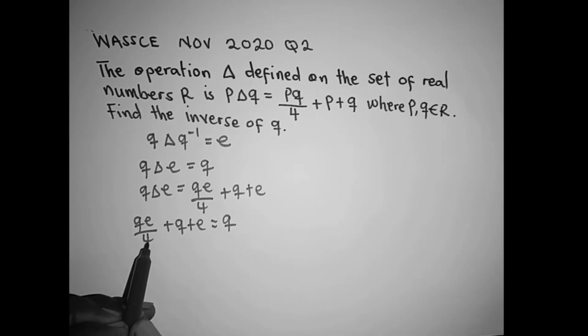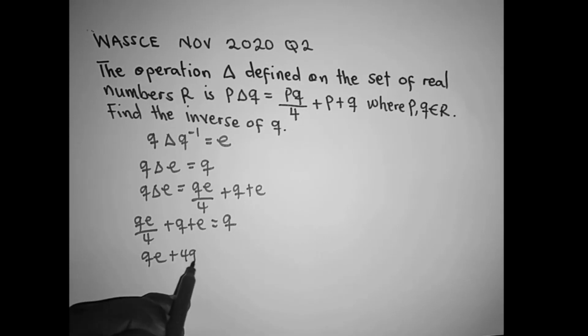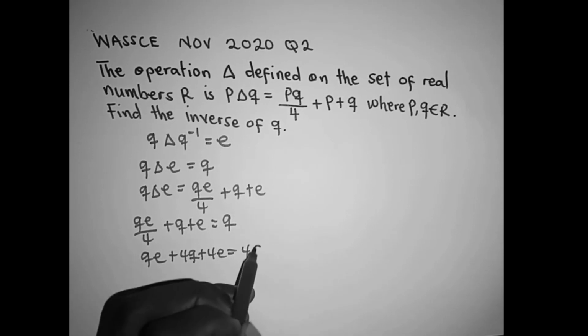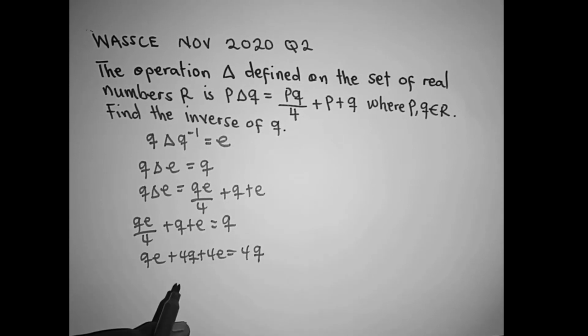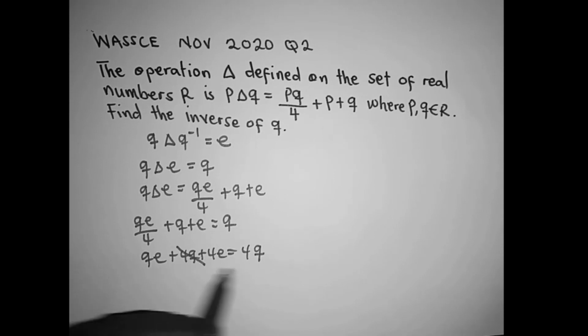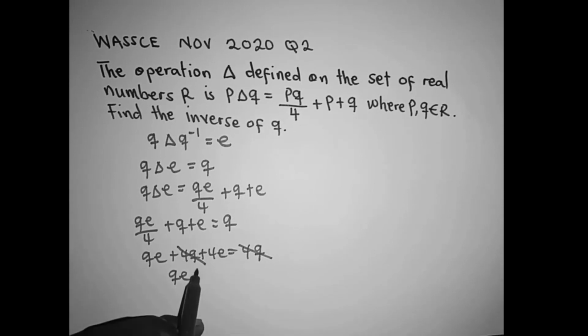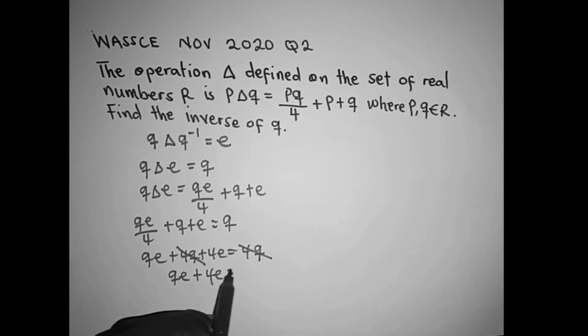If we multiply through by 4, this 4 will go away. So it becomes QE plus 4Q plus 4E equals 4Q. You can see that this 4Q and 4Q can go away. And therefore, we are left with QE plus 4E equals 0.